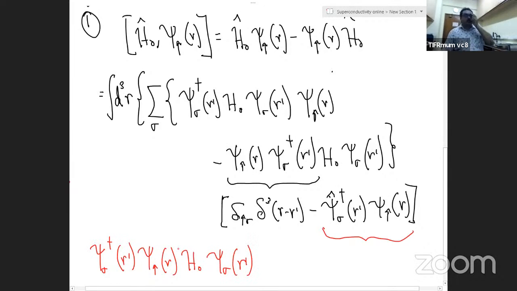Now you see one thing, this H naught operates only on R prime. It does not operate on R. So this H naught is actually del square, which is operating on R prime. So therefore I can interchange H naught and psi R. I cannot interchange H naught with any psi R prime. So therefore I can interchange these two.